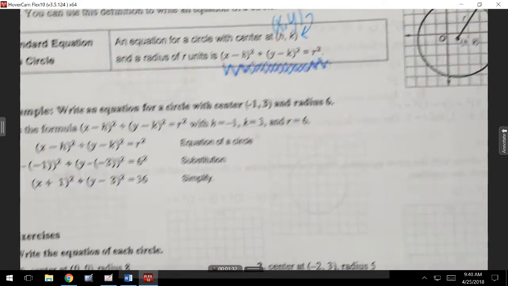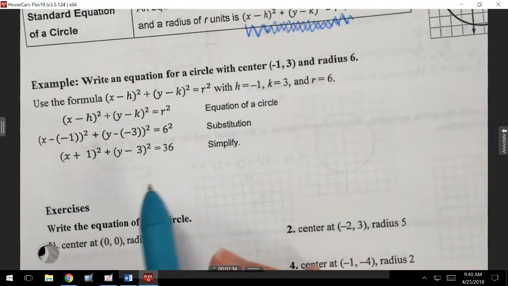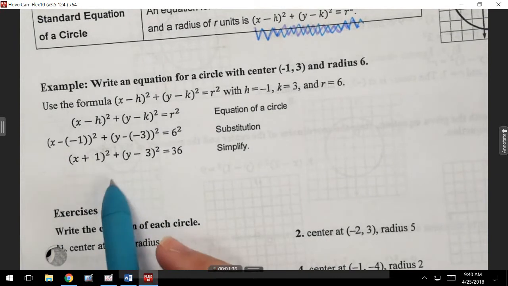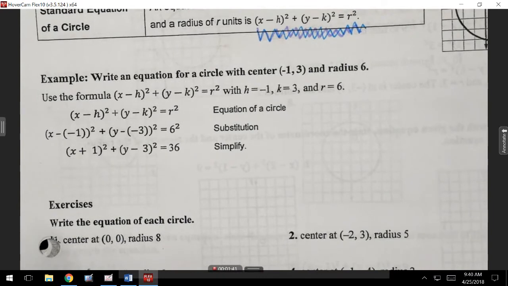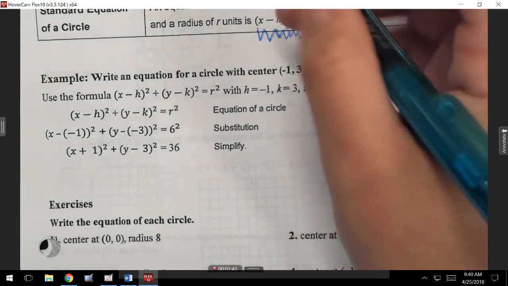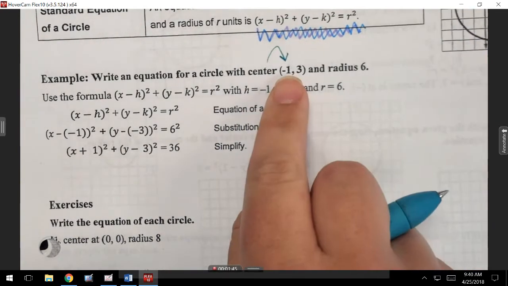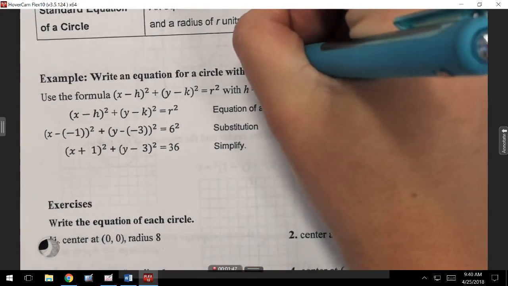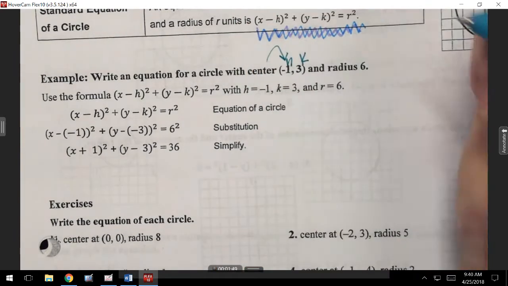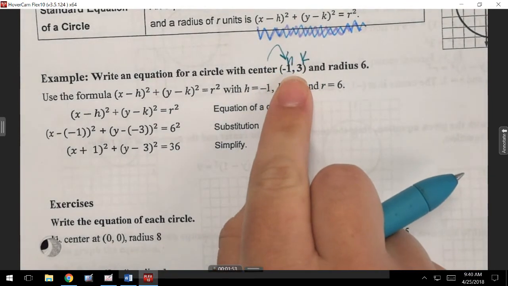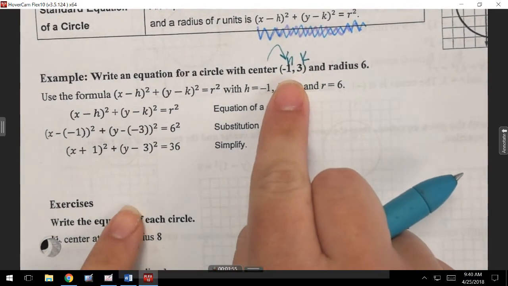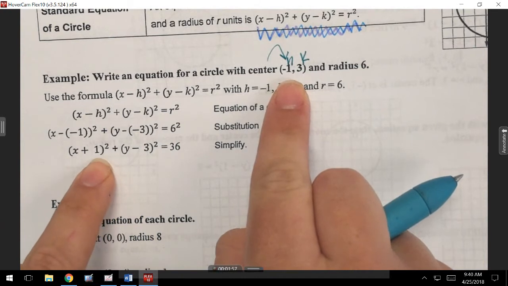Then, once you're given the center and the radius, you just plug it in, and this is going to form your equation of a circle. The only tricky thing about it is, when you plug in your center, it's at -1, 3. So -1 is your H, and 3 is your K. Whatever the sign is up here, when you plug it in the equation, you have to flip it.